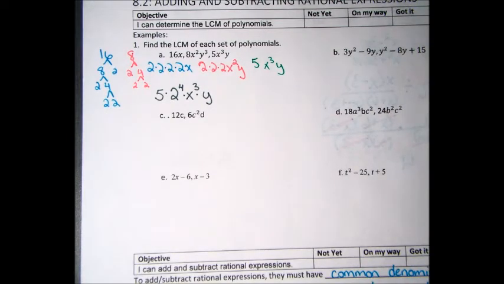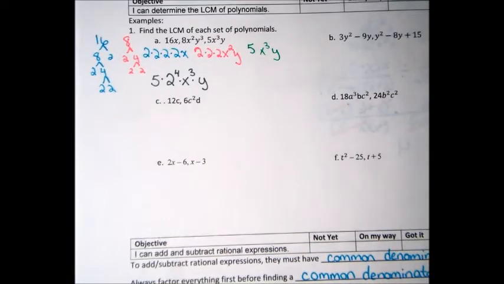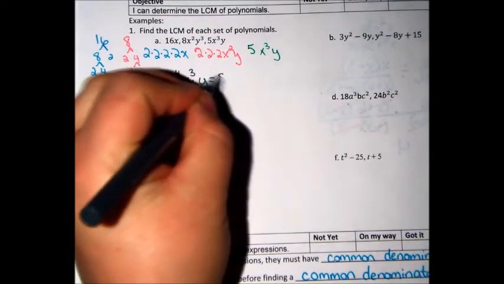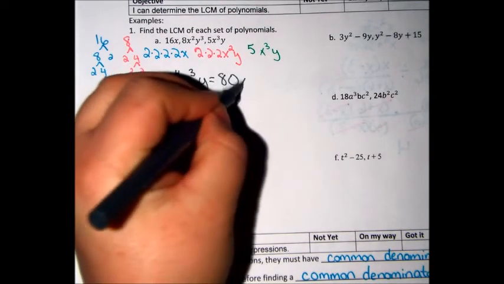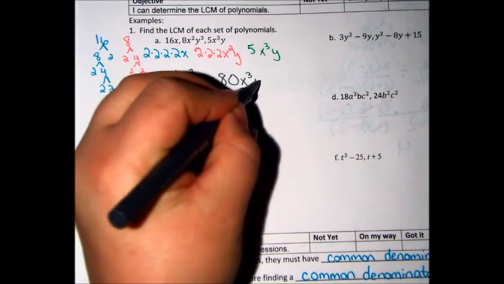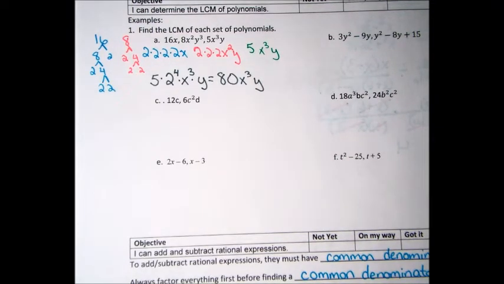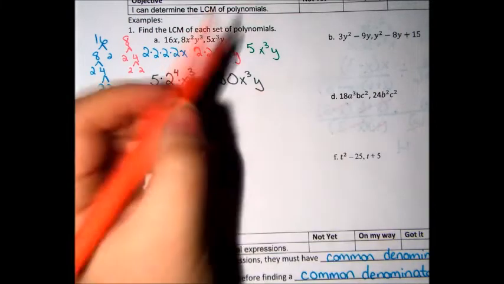If I multiply all of that together, I have 5 times 2 times 2 times 2 times 2, which gives me a total of 80. Oops, I forgot a y up there, that's my bad.